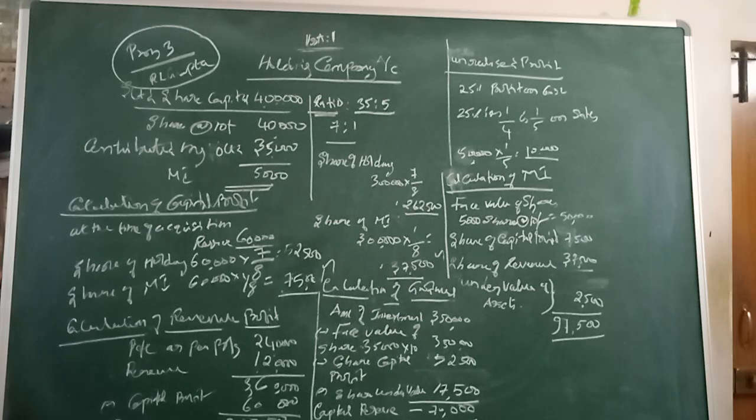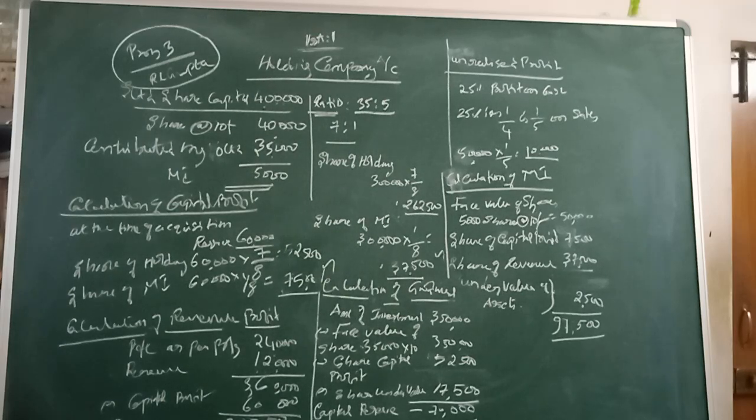And it is also clearly specified that all the profits of P Limited have been earned since the shares were acquired, but there was a reserve of 60,000 that we have to take. Another important point: the subsidiary company has 40,000 shares.